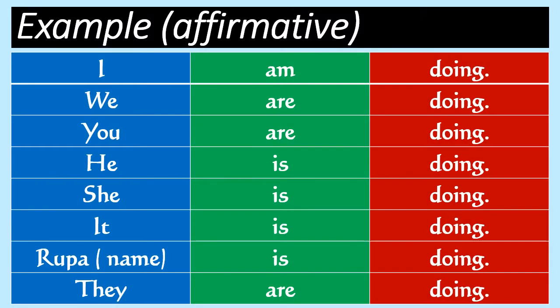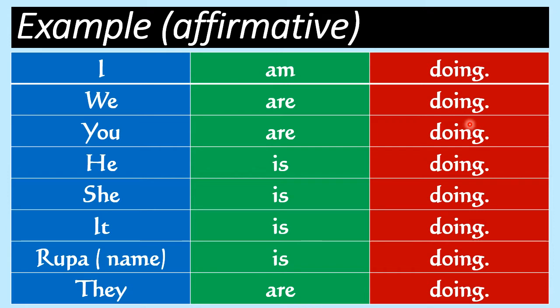Okay, let's have a look at the table with three columns. In the first column, I have put the subjects and then the auxiliary verbs and at last the verb base form with ing forms.